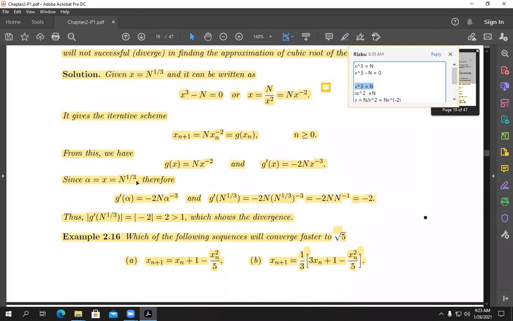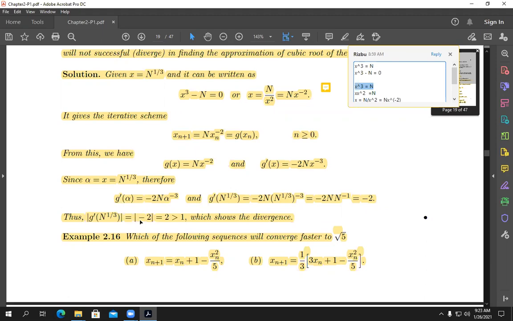Now, this example also I have given many times, not last semester but before that. I say, which of the following sequences converges faster to this one? When I gave it the first time in the exam, the students were very clever, but they answered in the opposite direction.